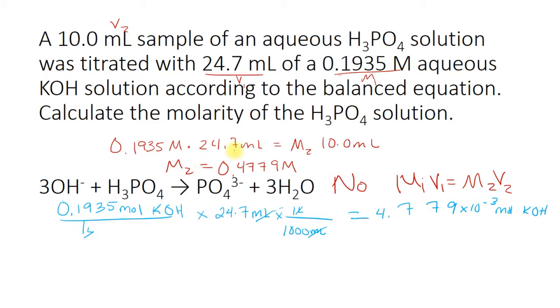From there, I need a balanced chemical reaction so that I could figure out how many moles of KOH react with every mole of H3PO4. So we're going to start with KOH. Well, that was interesting. And we're adding H3PO4. We know that it's going to form water, so one of these hydrogens is going to connect to that OH minus to make water.